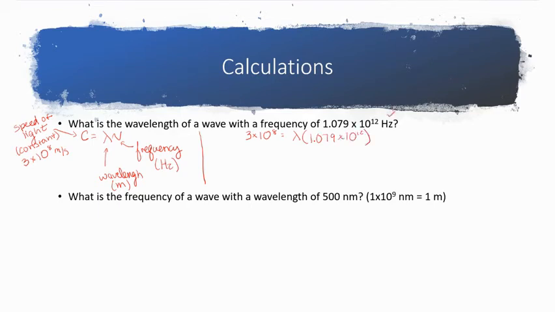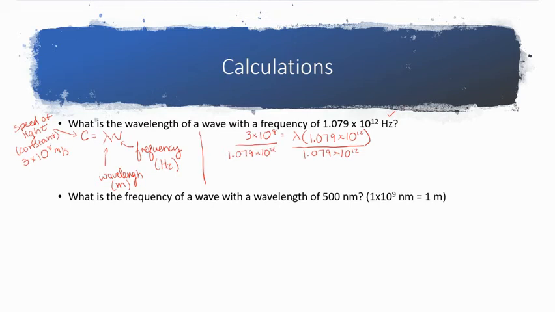We're already in hertz, the right unit, so we don't need to do anything extra here. If we want to get wavelength by itself, we're going to have to undo that multiplication and divide each side by 1.079 times 10 to the 12th.